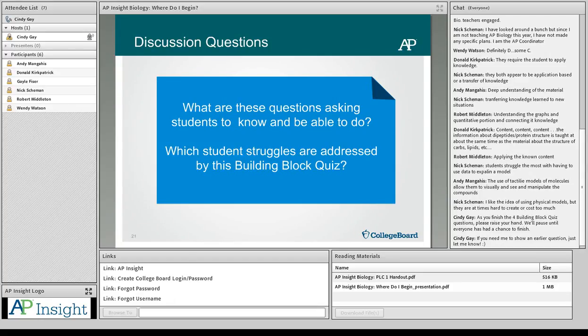As other people mentioned, students struggle with analyzing data in order to classify a macromolecule based on its composition, using a model in order to differentiate between dehydration synthesis and hydrolysis, and analyzing data to determine the effects of saliva on simple versus complex carbohydrates. Those are just a few of the struggles that might be addressed by this building block quiz, and some of the things that students would need to know and be able to do to be successful.